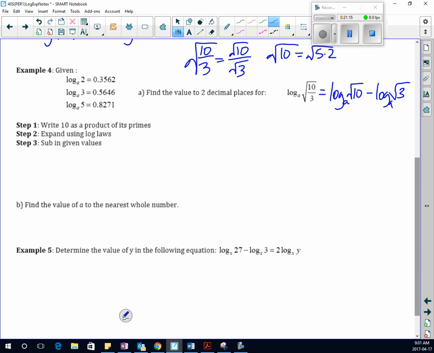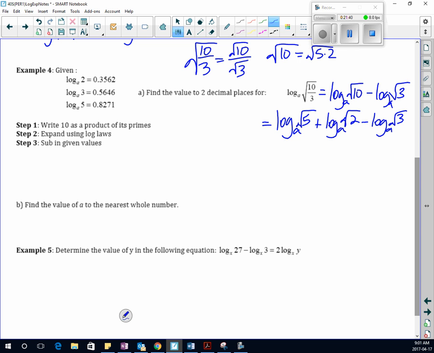So then this would be log of the square root of 5 base a plus log of the square root of 2 base a subtract log of the square root of 3 base a. Is everybody good with that? The square root is not what the logarithms are, so I need to get rid of that square root by doing what?